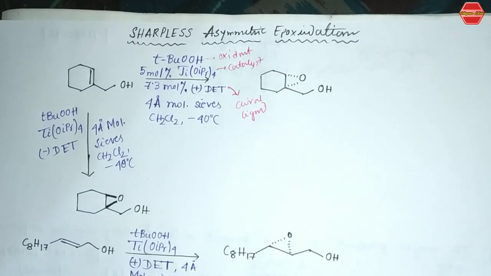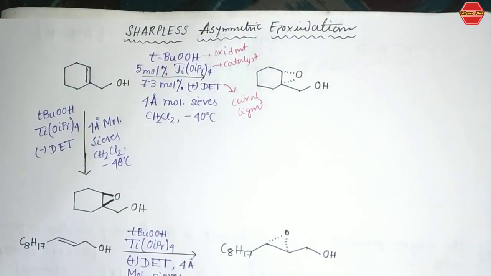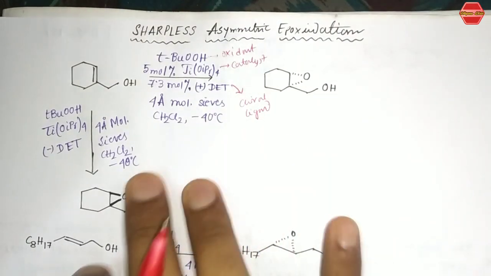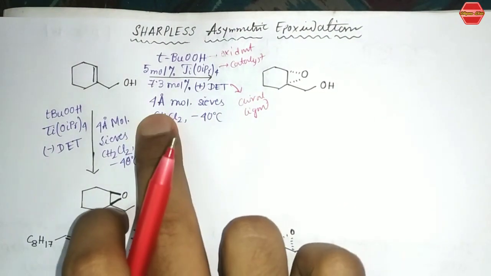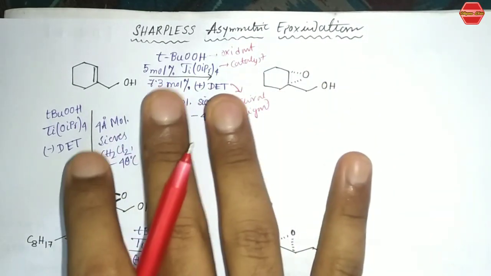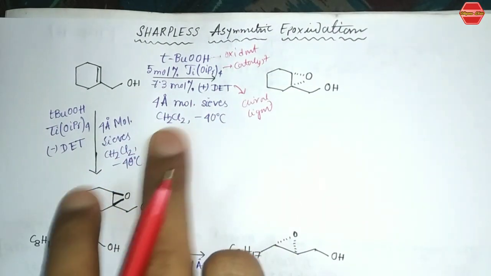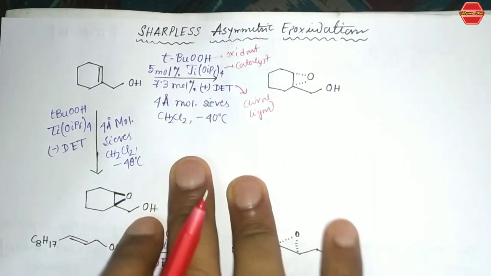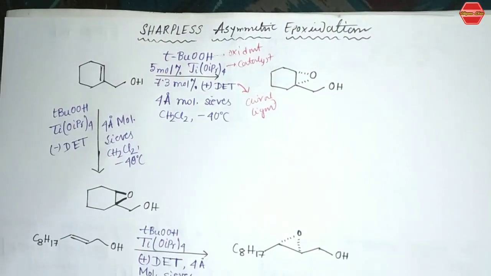This is used generally, along with four angstrom molecular sieves, and we already discussed the importance of the molecular sieves. The solvent is CH2Cl2, dichloromethane, and the temperature is quite low to ensure a high amount of the product.